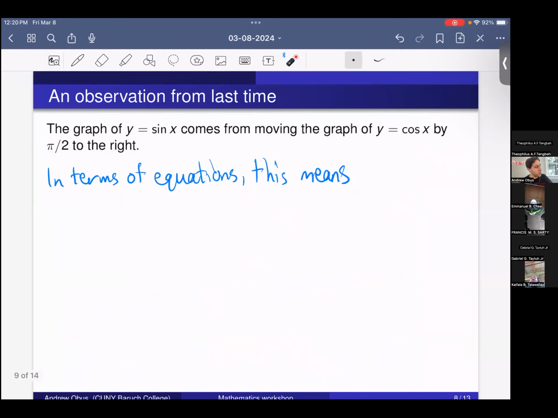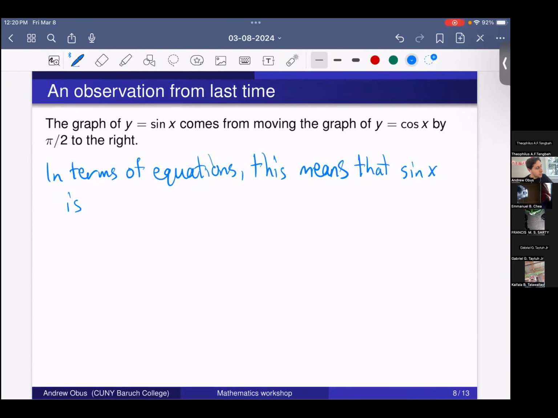So it means that sine of x is equal to cosine of x minus pi over 2.